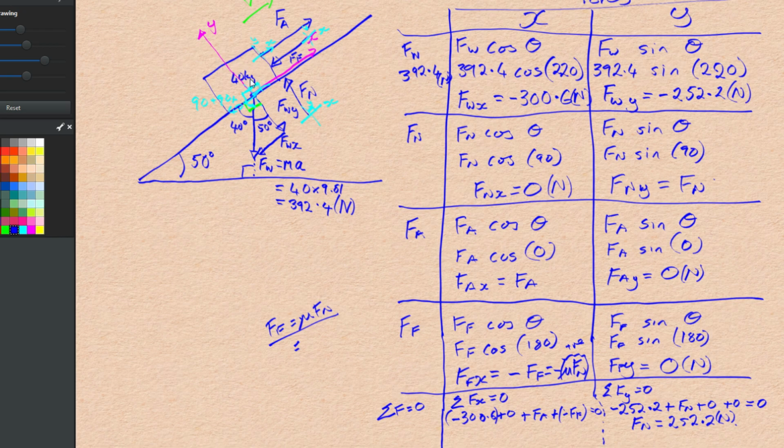Because it's moving, it'll be the kinetic friction. We know this is 0.6 from the question, multiplied by Fn, which we calculated over here, times 252.2, and that is equal to 252.2 times 0.6, which is 151.32 newtons.